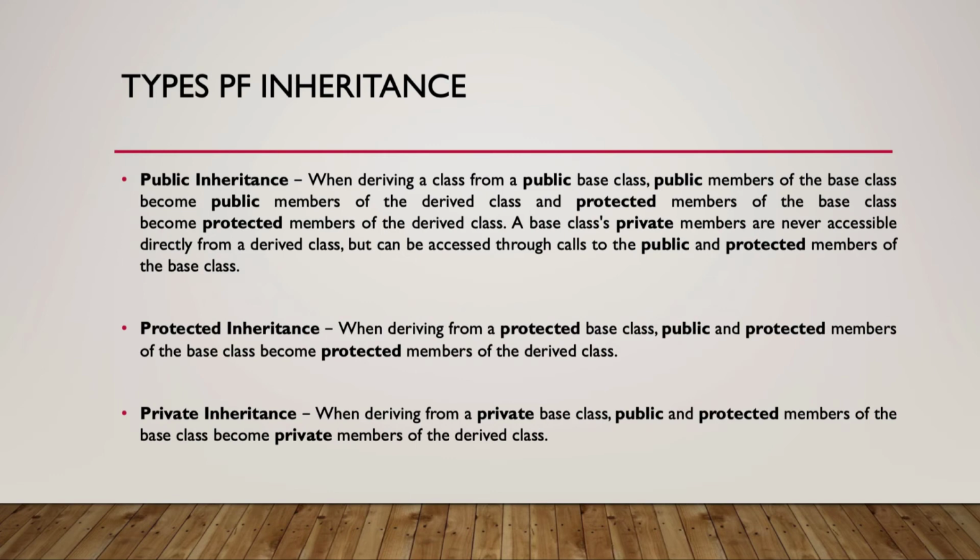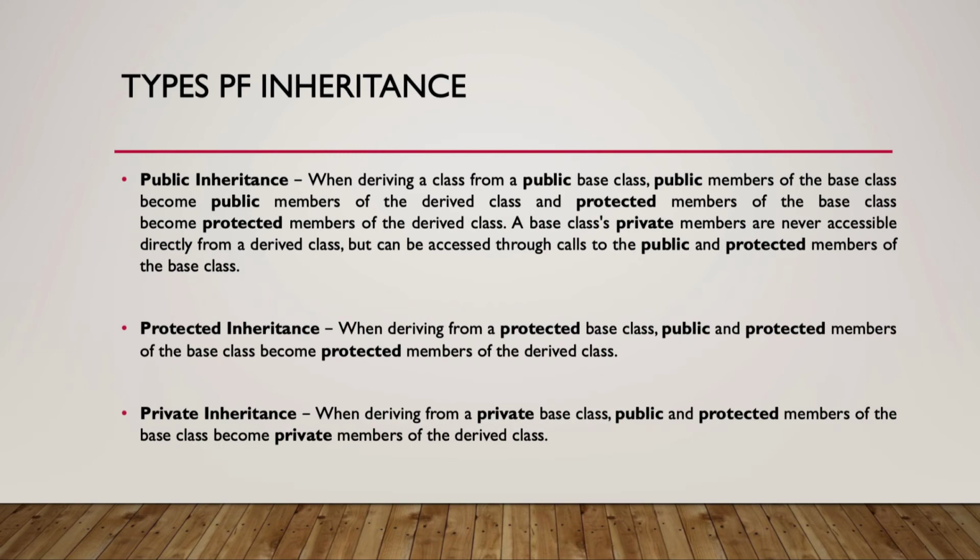A base class's private members are never accessible directly from a derived class, but can be accessed through calls to the public and protected members of the base class. So to summarize that, public goes public, protected goes protected, and private does not get inherited, but is still accessible through the public or protected members of the class.